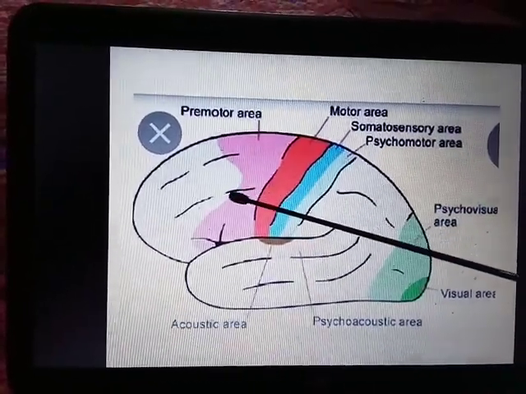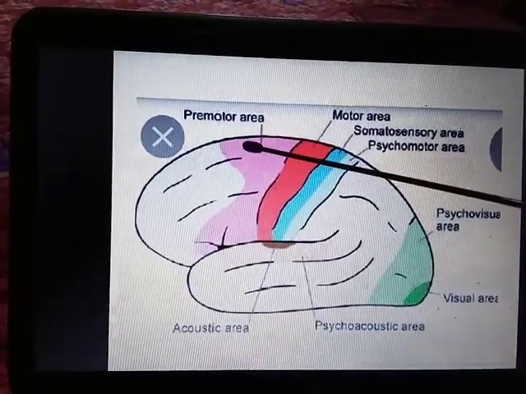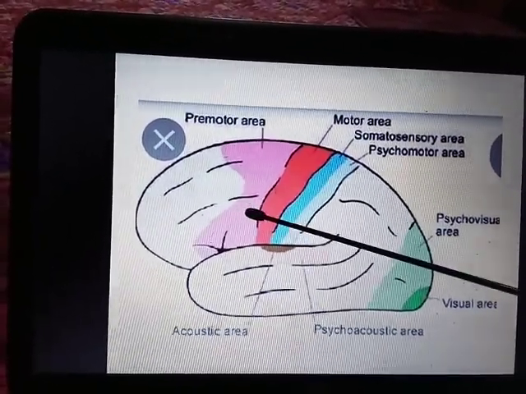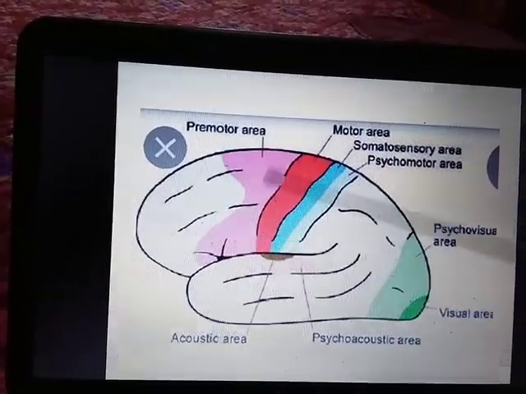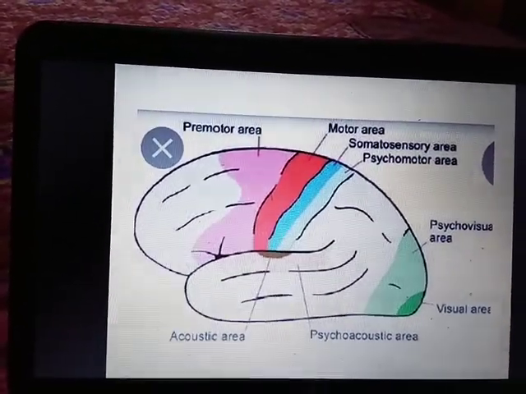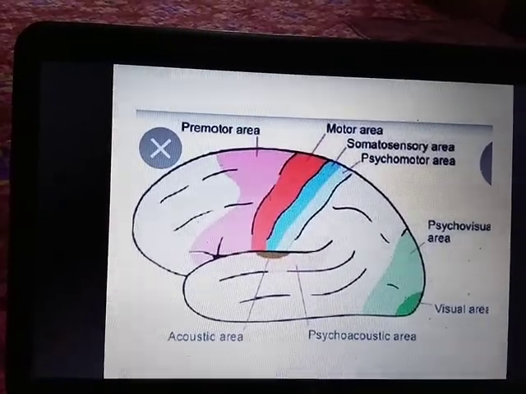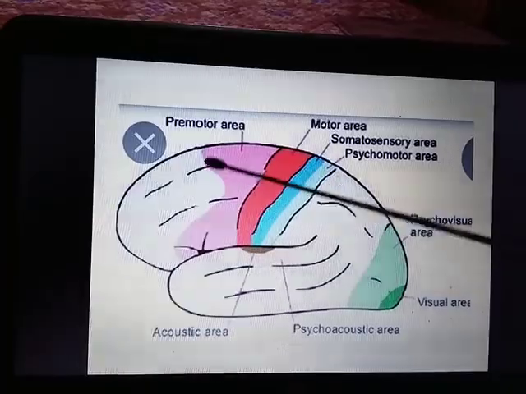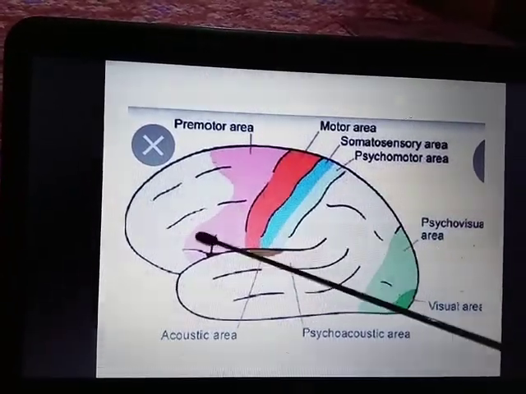This premotor area includes the part from the superior frontal gyrus, middle frontal gyrus, and the inferior frontal gyrus. This premotor area, which is Brodmann's 6 and 8, includes all three frontal gyri.